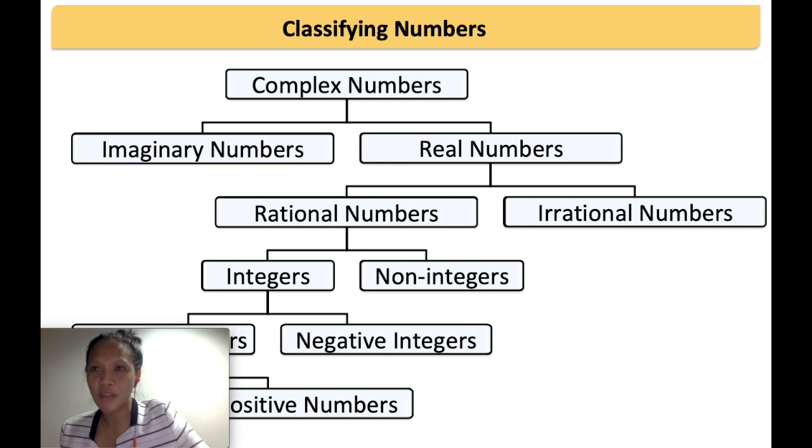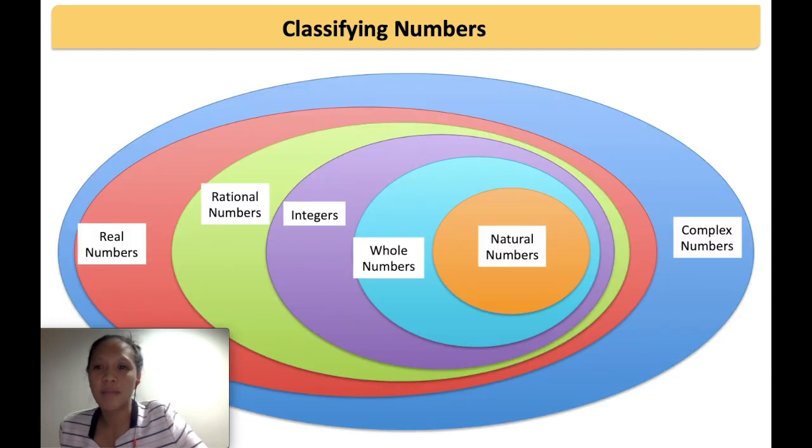So another way of presenting our sets of numbers is through a Venn diagram. Makikita nyo, yung ating real numbers is a subset of our complex numbers. Ano ibig sabihin when we say subset? It's a part of a bigger set. Okay? So, makikita nyo dito, walang may label ng imaginary numbers. Wala ring irrational numbers. Kasi ganito yan.